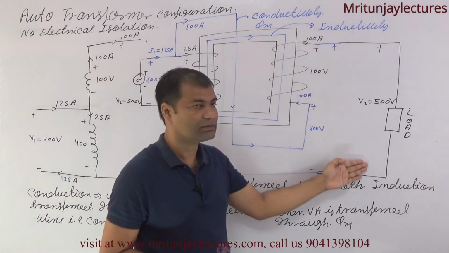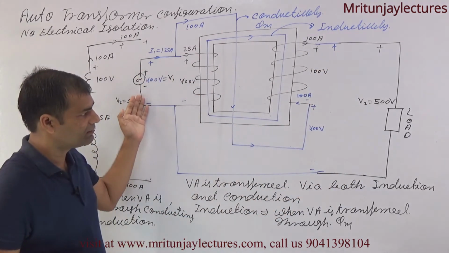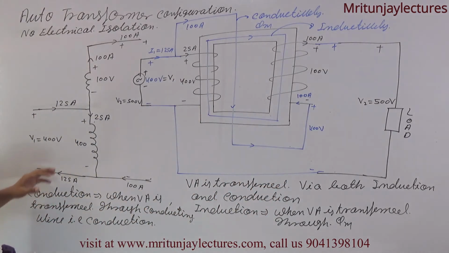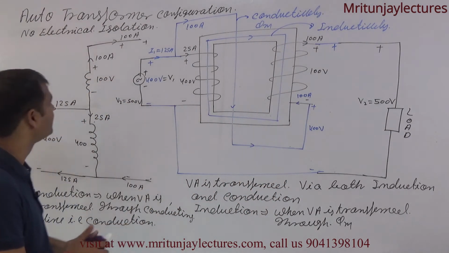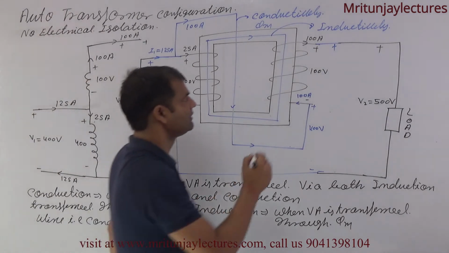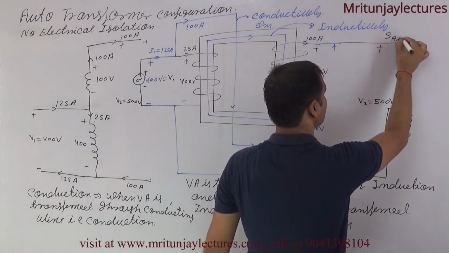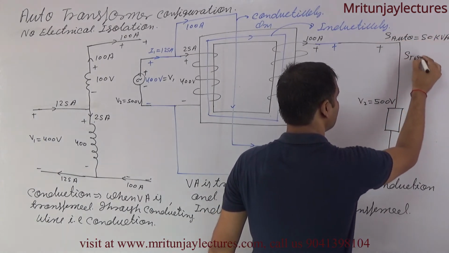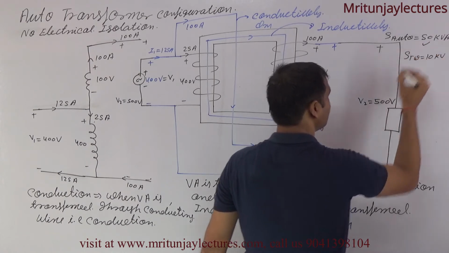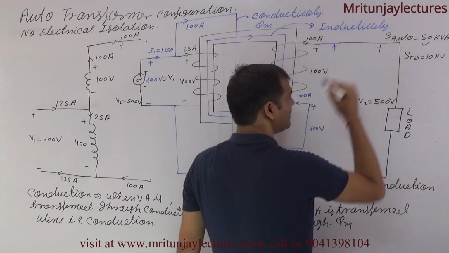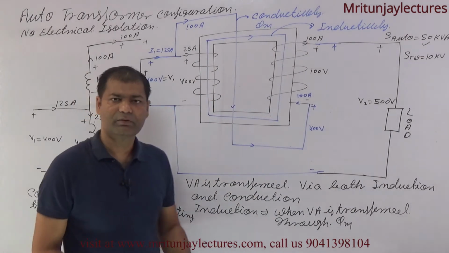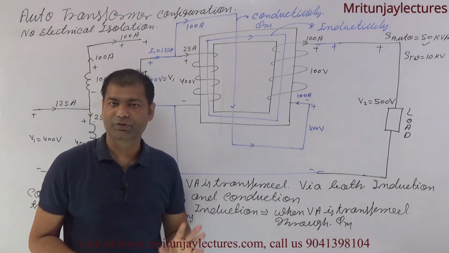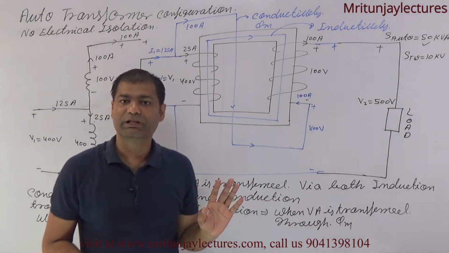Output voltage rating, input voltage rating like this one, and kVA rating, we got 50 kVA for auto, and in case of two winding that is 10 kVA, but in auto 50 kVA only with the help of conducting wire. So no electrical isolation in an auto transformer, it is clear.